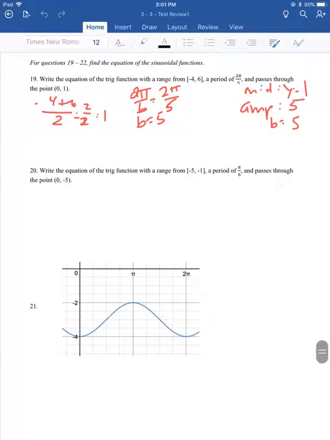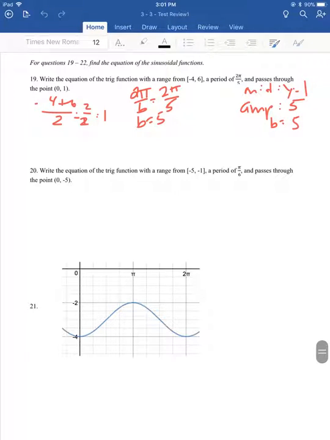Because here it passes through the point (0, 1), it passes through the midline, so it's going to be a sine function. You have two options here. It could be positive sine or negative sine. We don't have enough information to tell that, so either one of these would be fine. You can end up having either answer and it still works out.